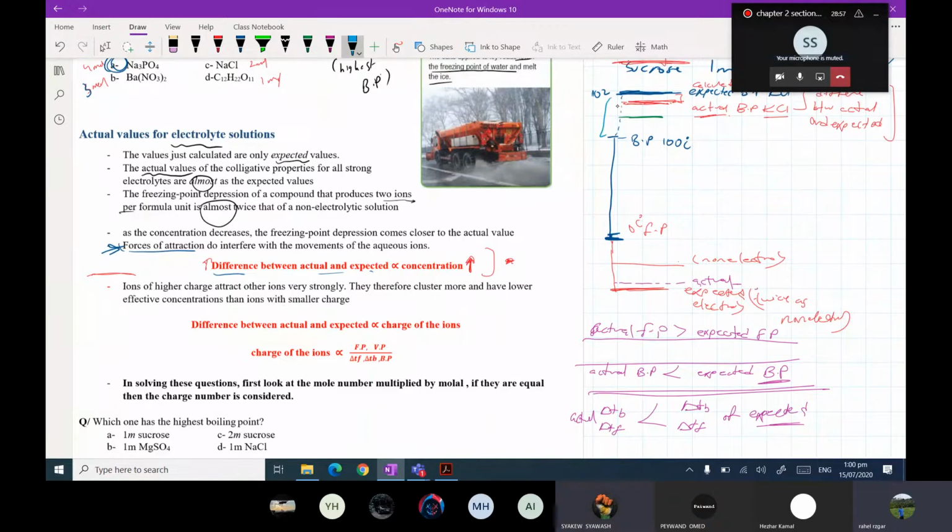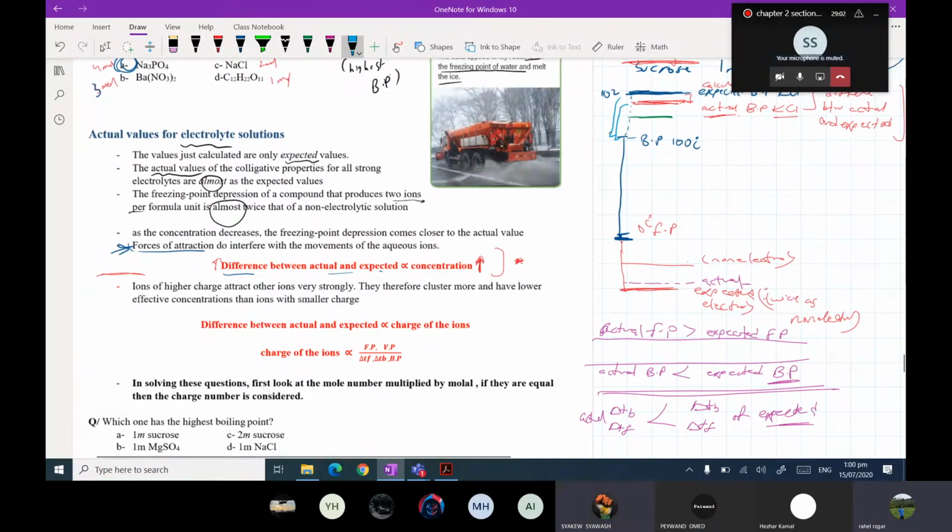This is the change of the expected, this is the change of the actual, and it's less than the expected. Same thing here, this is the change of expected, this is the change of actual. You can see the actual change is less than the change of expected.